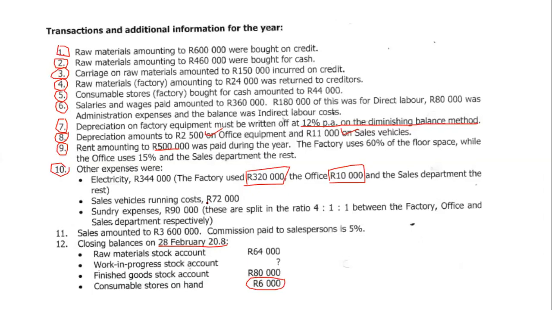And we are here. What do I do with that? Won't that be selling and distribution? Selling and distribution, but what do you write it as?